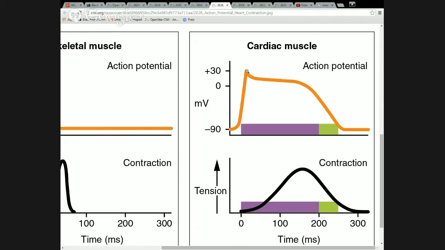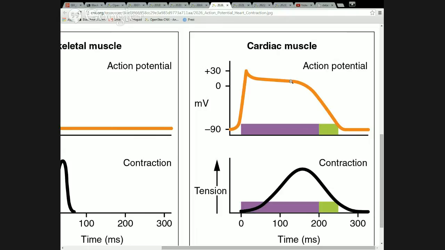rise in membrane potential, which is sodium dependent. And we have on the backside a repolarization, which is potassium dependent. So those things are basically the same. Okay. What's different is what's in between. So from the peak to the actual falling phase, the action potential kind of sits at a rather depolarized value.